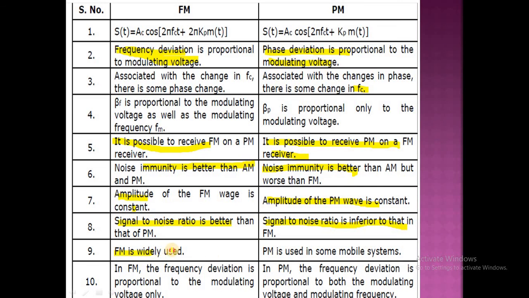FM is widely used, so PM is used only in some mobile systems. In FM, frequency deviation is proportional to modulating voltage only. In PM, frequency deviation is proportional to both modulating voltage as well as modulating frequency. These are some of the differences between the FM and PM.